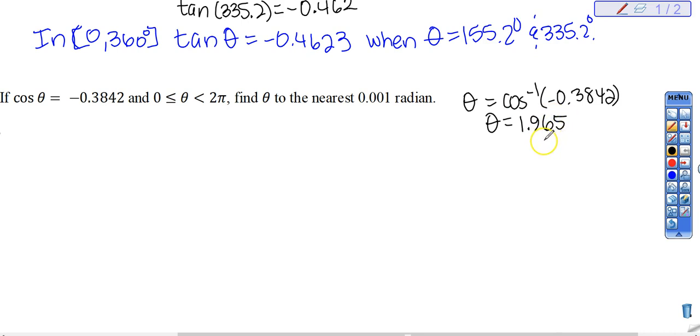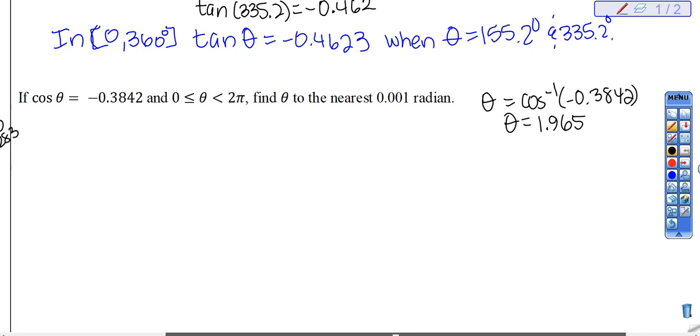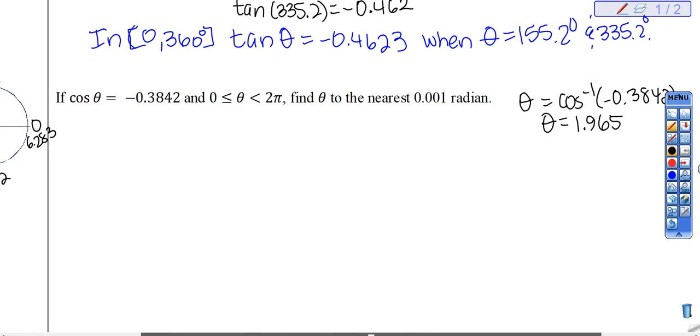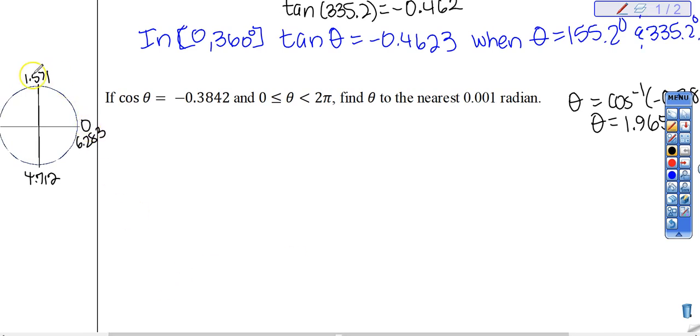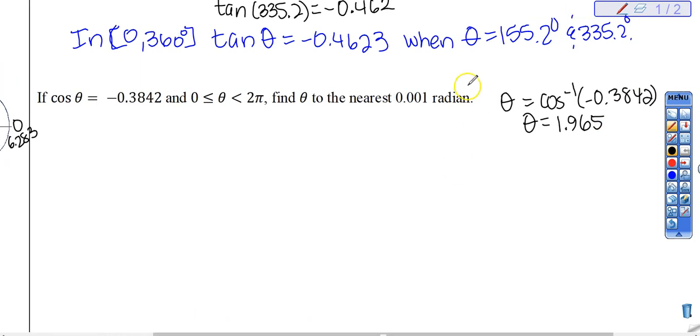Okay, that was an intermediate approximation. Make sure you keep that answer in your calculator. All right, so is that an acute angle? 0 to 1.57 is acute. 1.9 is way over here, yeah? So we need to find the reference angle.